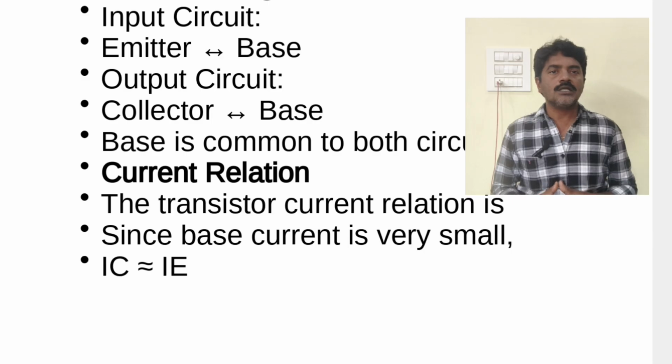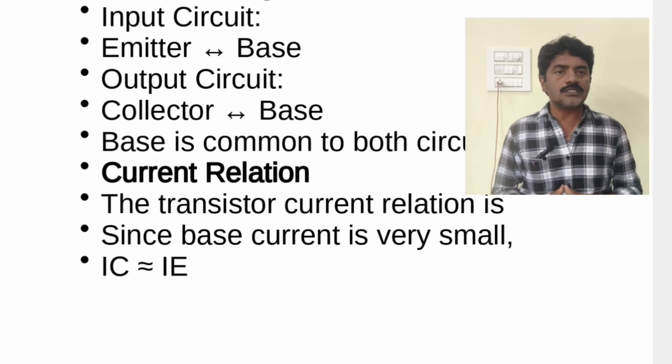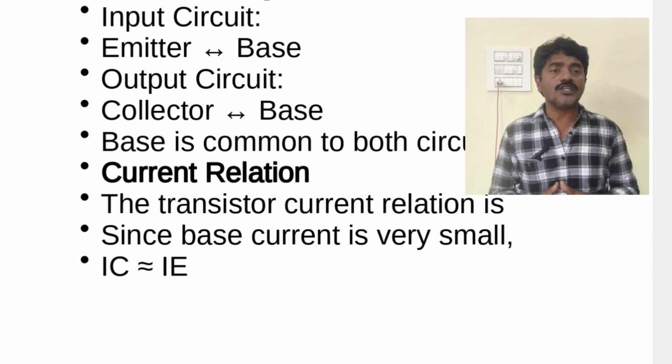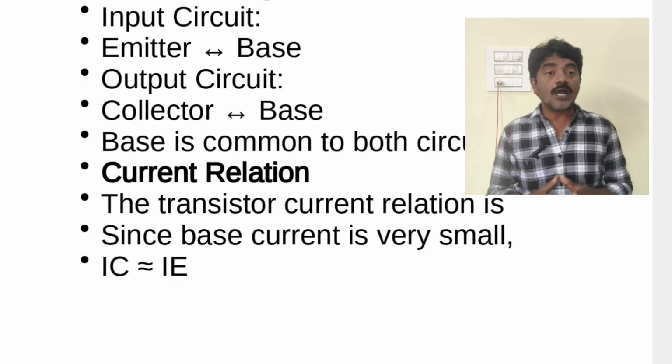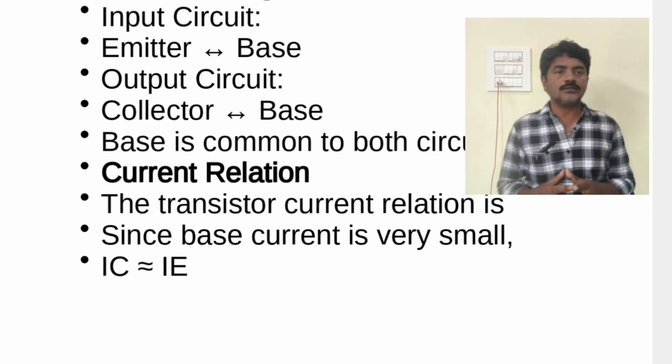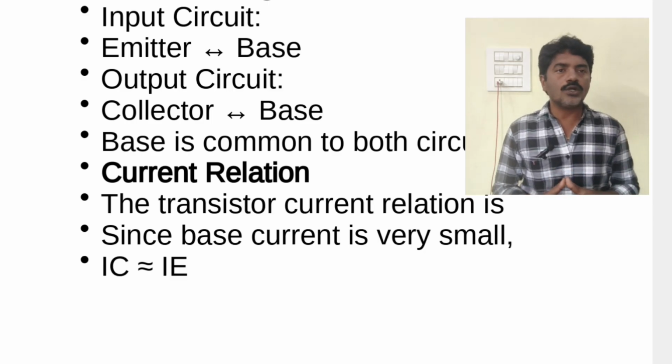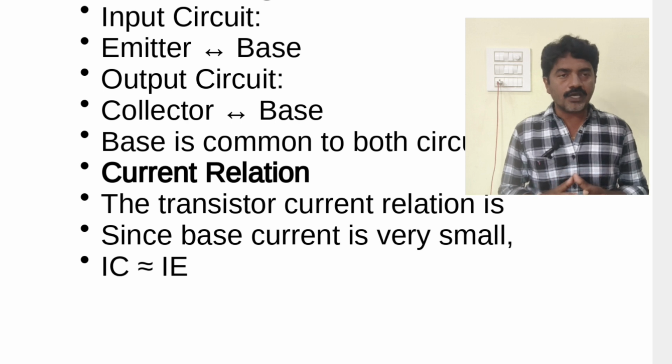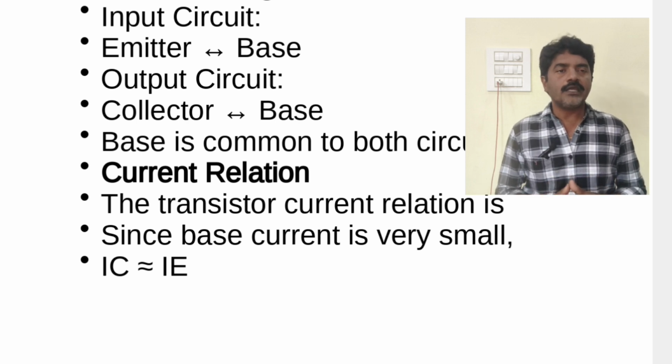Current relation: since base current is very small, in general the output current IC is equal to the emitter input current IE plus IB, which is the total collector current.